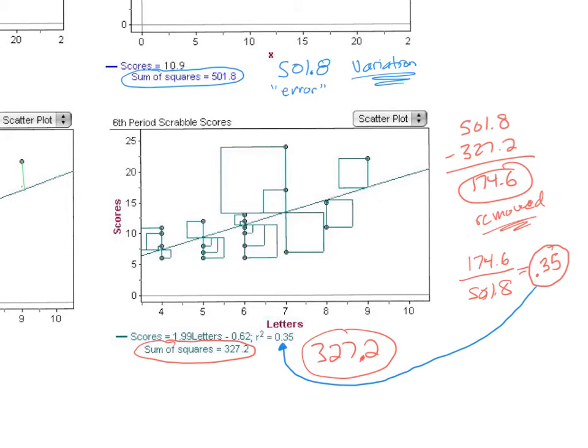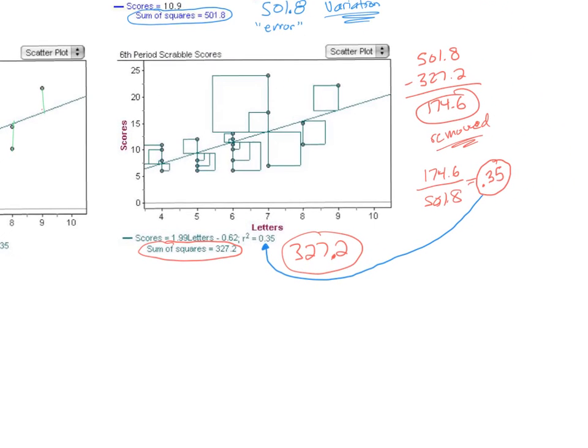So what r squared tells us is how much of the variation I have taken care of by including the letters in my regression, okay? So I've removed 35% of the variation. So this is how we would interpret that.